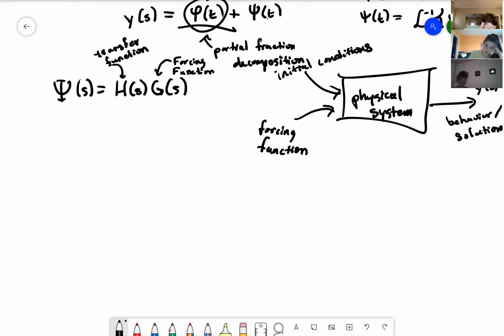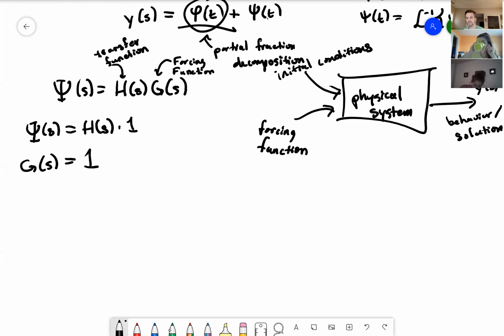Now, if we consider the simplest possible situation where capital psi of s is just equal to H of s multiplied by 1, then we're saying that the Laplace transform of the forcing function is just 1.